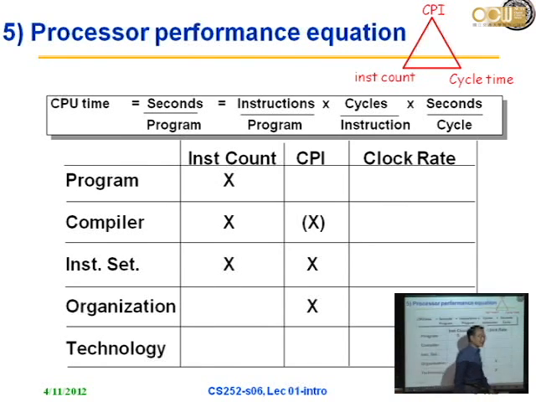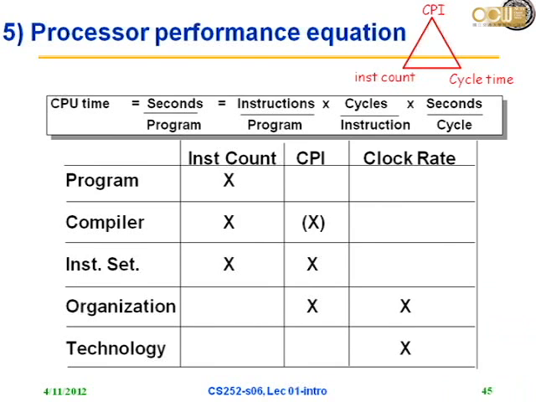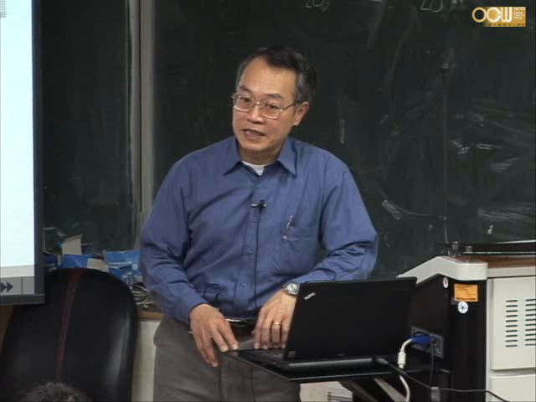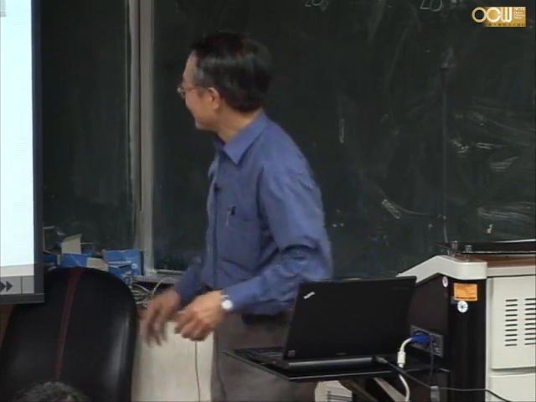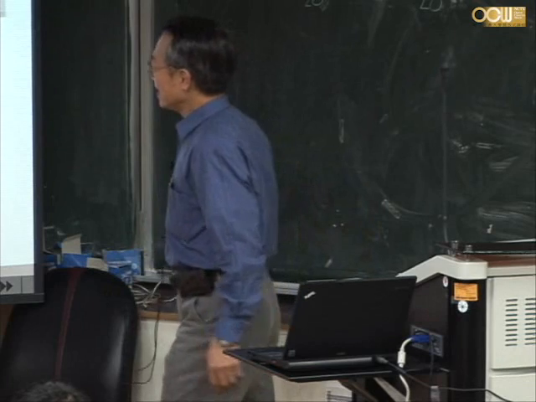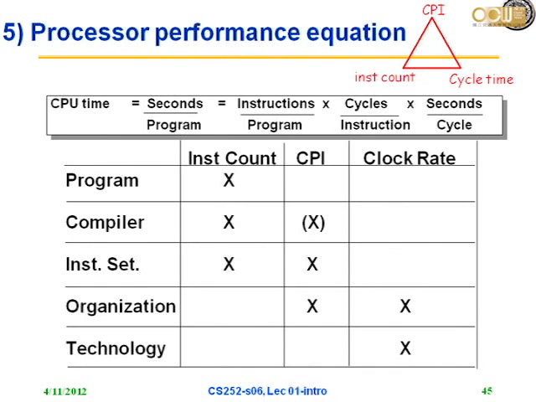So being a computer scientist, do you like to have a compiler? Another question, do you like to have an OS? The answer is yes if I'm lazy, but no if I want to do it myself. I can do a better job. Okay? Can the program have to do with CPI?